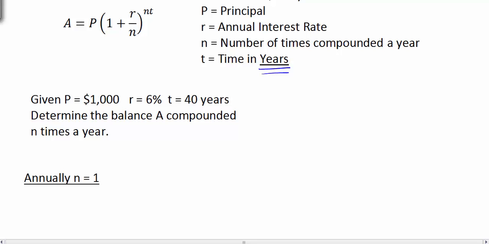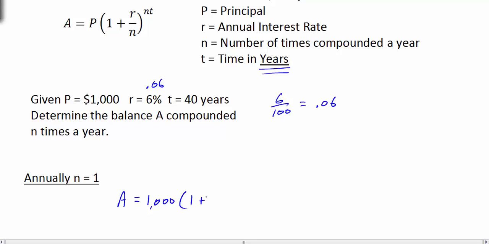So if we use the formula up here, we have, again, A equals the principal, which is $1,000. And then we have 1 plus r. Okay, the rate is 6%. And remember, percent means per 100. So if it's 6%, that means 6 divided by 100, which is 0.06.